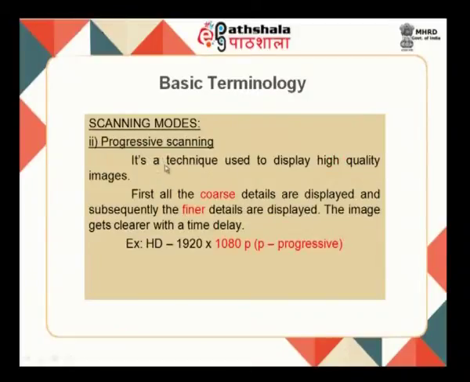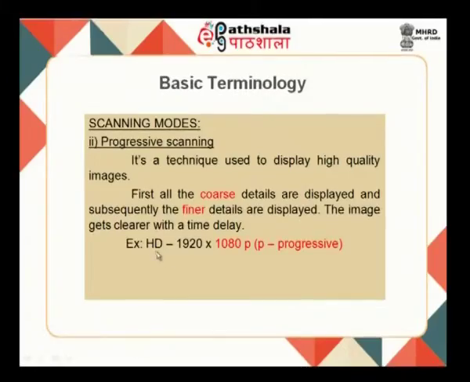The other kind of scanning mode for a display device is progressive scanning. Unlike standard interlaced scanning, here the coarse details of the picture are displayed first and finer details are displayed later. Coarse details means the important details that make up the image are displayed first and the finer details appear later.